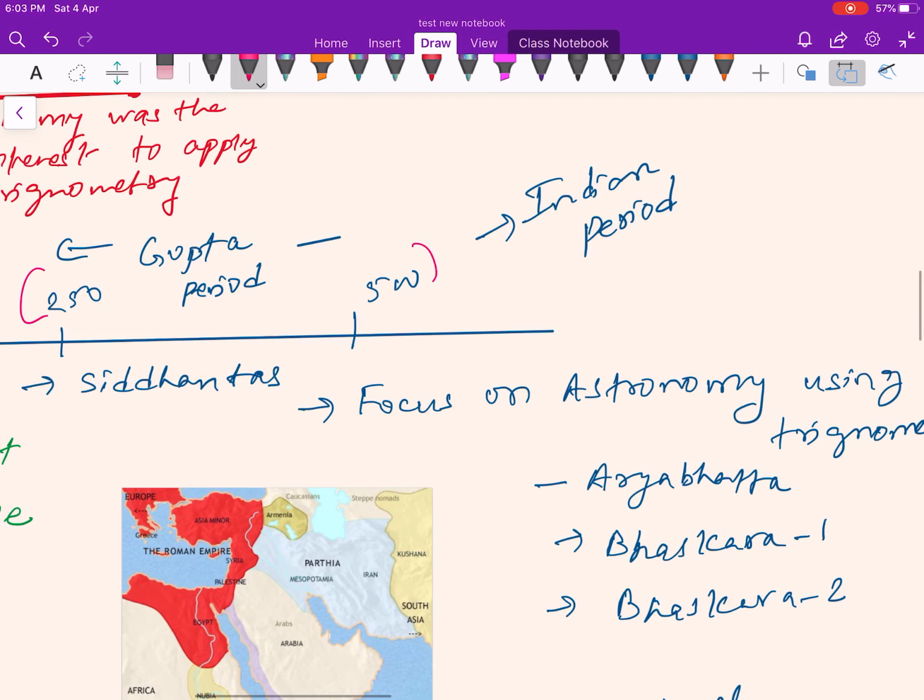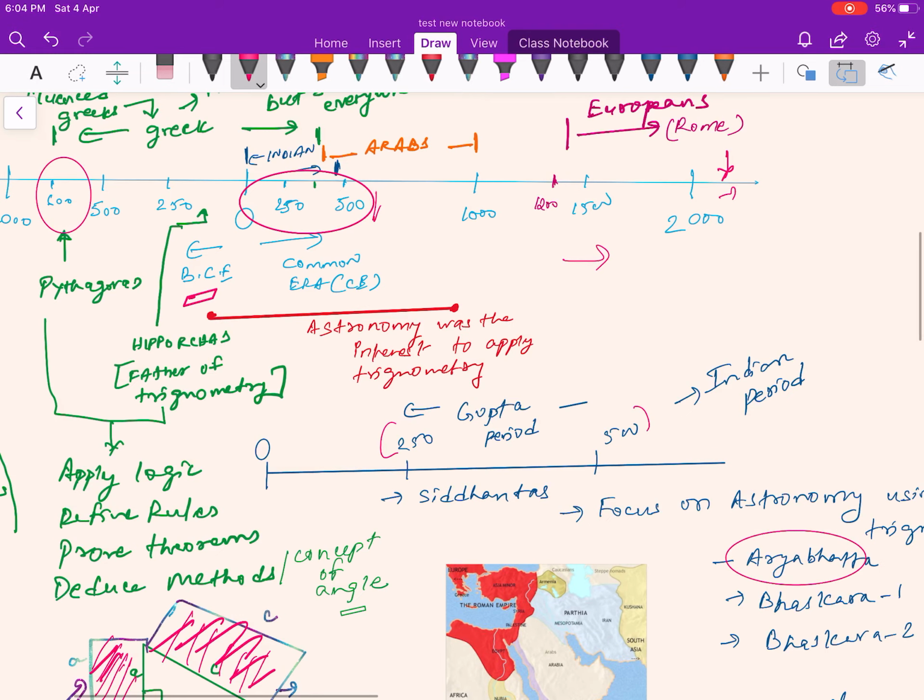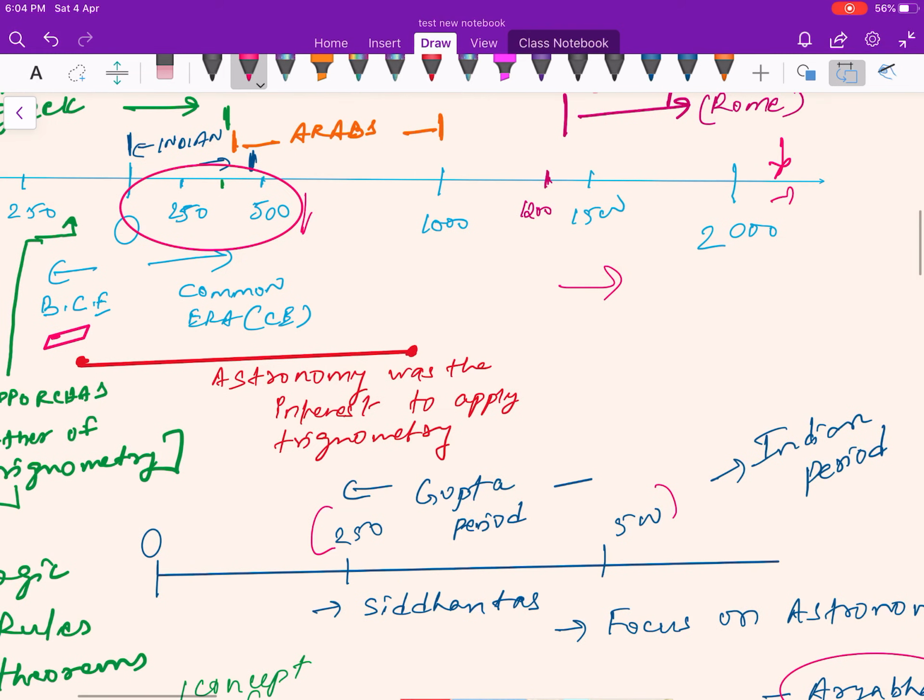All our ancient mathematicians from that period, primarily Aryabhatta, applied those Siddhantas in the form of formulas, and a lot of knowledge was distributed back and forth in the world of mathematics between the Greeks, Persia, the Arabs, India, and Europe. This was the time scale of when each one was active.